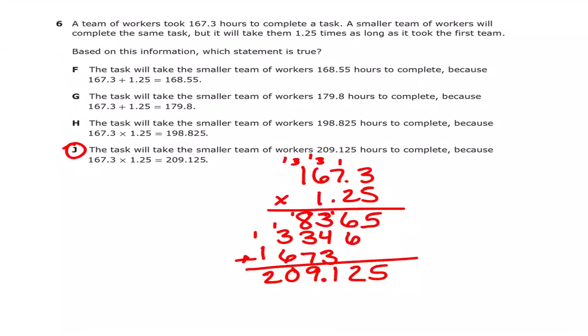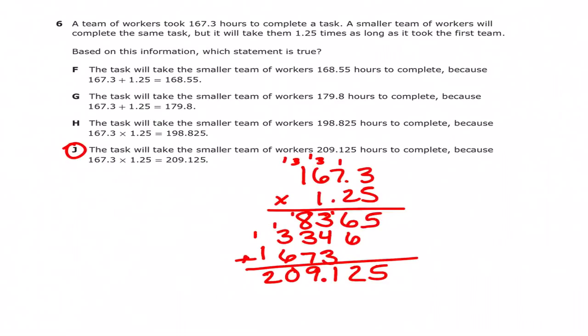So looking at the equations they have set up here, the first two, F and G, are adding, and then H and J are multiplying. Well, I already know this is a multiplying problem, so that automatically eliminates answers F and G, because as soon as it says it will take them 1.25 times as long, that's your key word to let you know that's a multiplication problem.